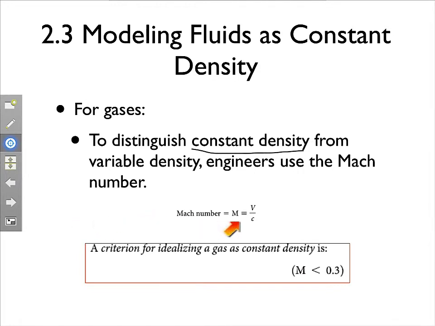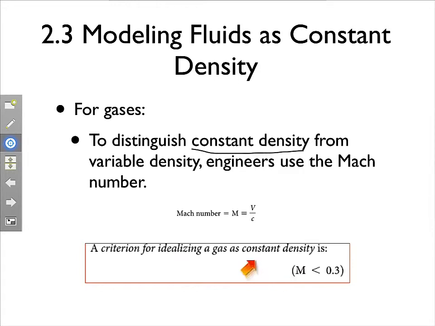And basically, I think this is because this is the velocity of the flow over the speed of sound, and when we get up to a large Mach number, a Mach number of greater than 0.3, the fluid is so turbulent that we get pockets of higher and lower density variations. So this is the criterion for idealizing a gas at constant density. If you ever come up against a situation where you're wondering whether or not you can assume constant density, you can calculate the Mach number and determine if it's less than 0.3.